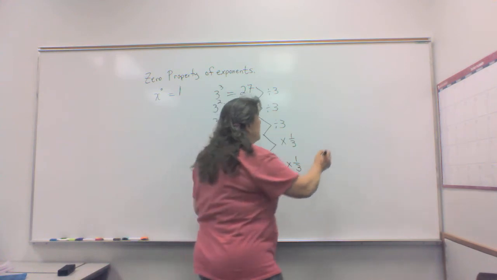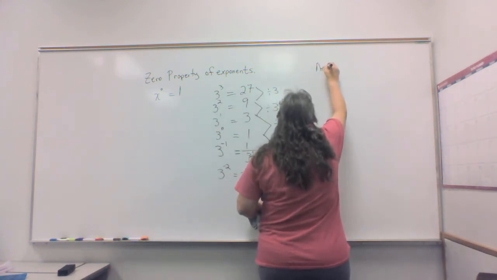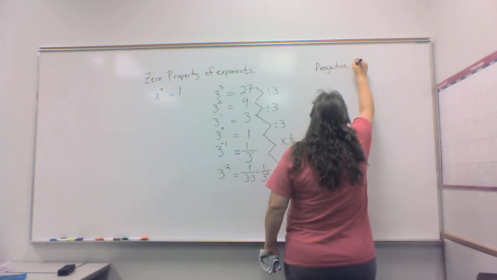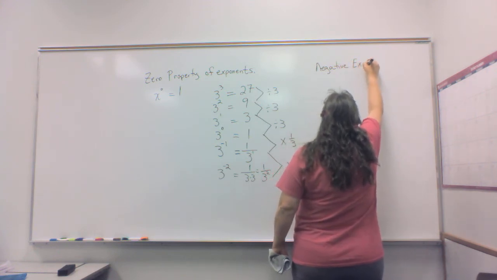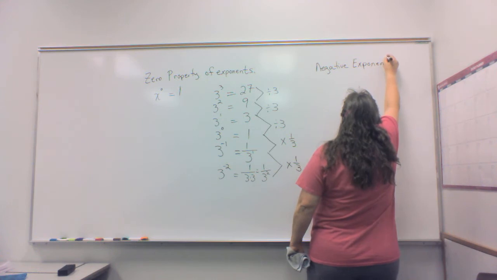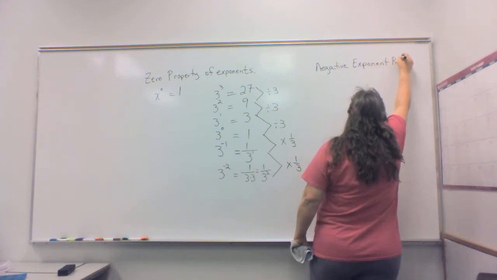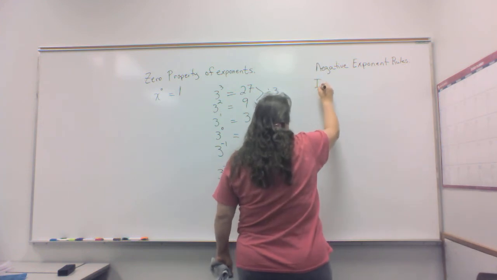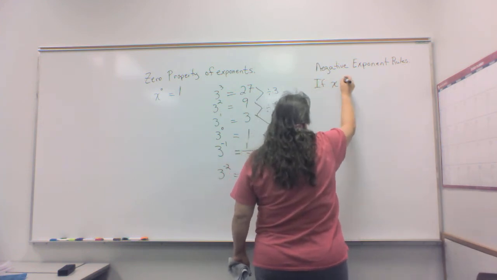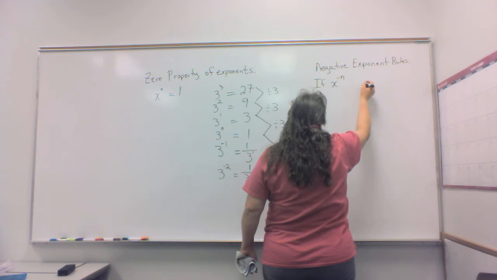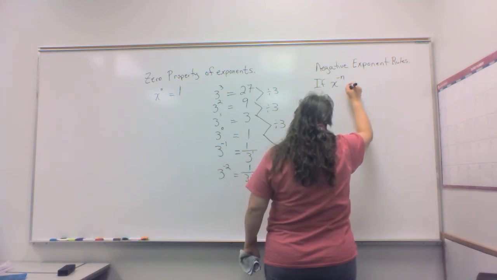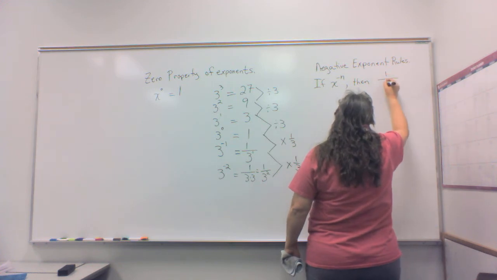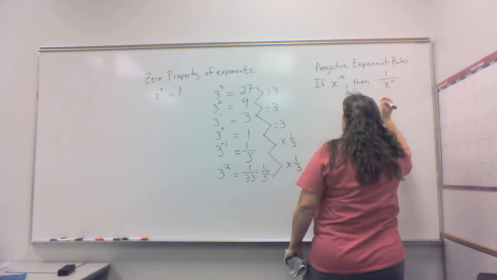So now let's look at the negative exponent rules. If x to the negative n, then 1 over x to the n.